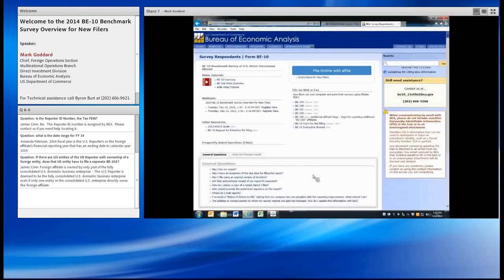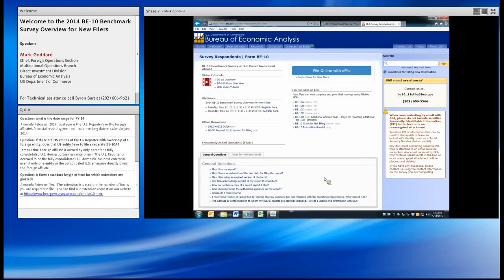So as you can see here, this is the BE10 respondent webpage. You can get to this webpage by going to www.bea.gov/DIA. Upon that site, you will see a 2014 BE10 benchmark survey link.